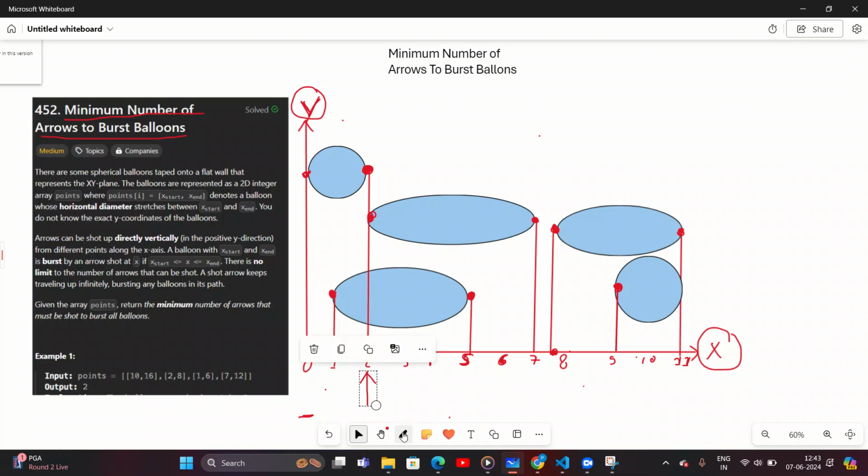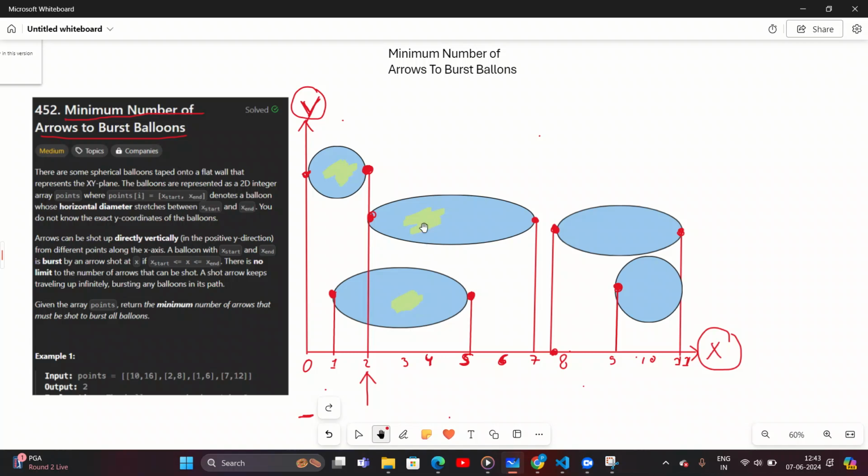It will cover all 3 balloons. You can see that this balloon is getting covered, this balloon is getting covered, as well as this balloon. So in one arrow we are bursting 3 balloons. It's a really good deal basically.